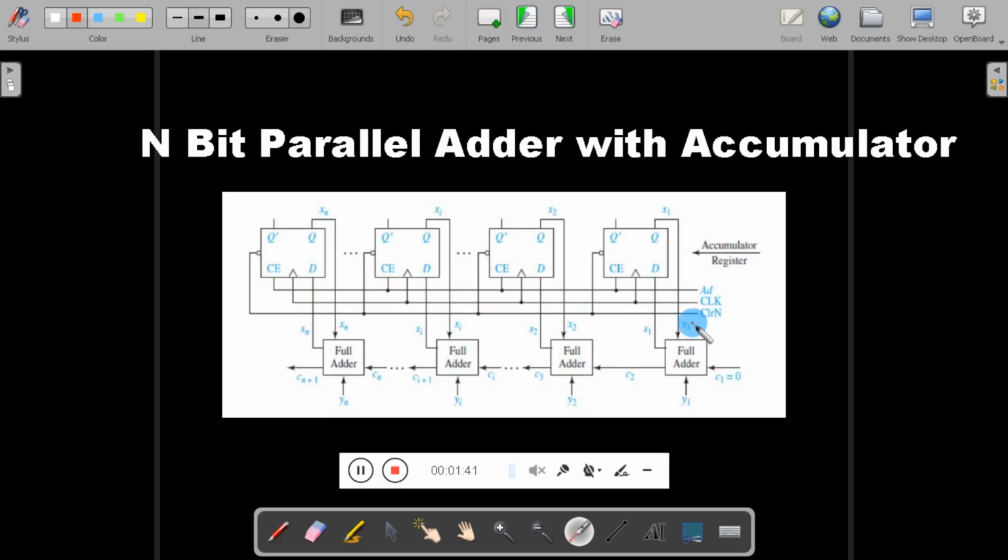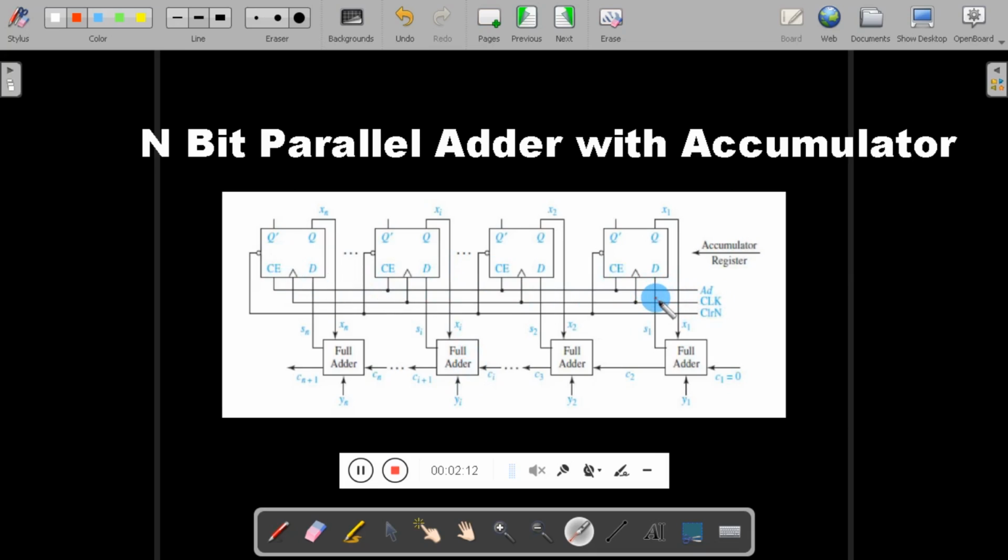Other than that, we have an asynchronous clear signal which is connected to all the flip-flops in order to clear the output of the flip-flops asynchronously at any time. In order to add the number stored in the accumulator and the number at the full adder, we are using one more signal, that is the add signal, which is connected to the chip enable pin of the flip-flops.